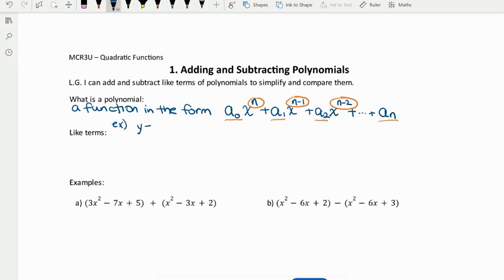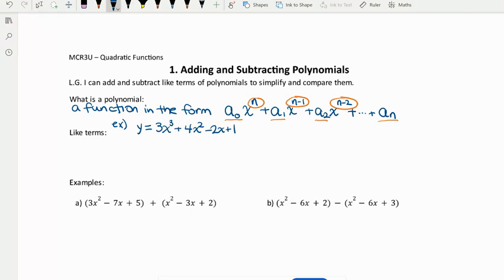So for example, y equals 3x cubed plus 4x squared minus 2x plus 1. This is a polynomial. Anything with powers of x, like x to the power of 3, x to the power of 2, and x.